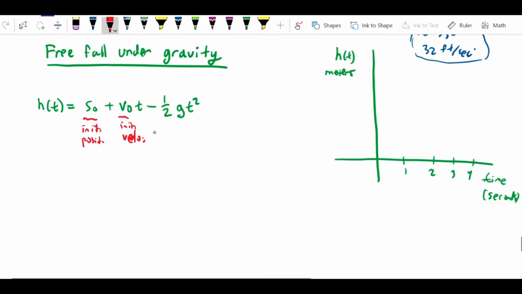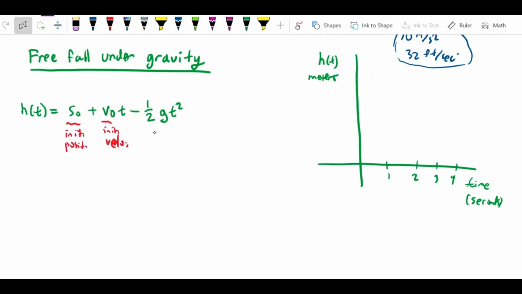And one of the things you'll notice about this is that this equation behaves exactly the way you think it should. In other words, if I want to know what is the velocity at time t, that's just going to equal the derivative. I'm calling this h, but it's really a displacement. It's just sort of like a vertical displacement, telling me how high up the object is as a function of time. So the velocity at time t is equal to the derivative of the displacement. We know that. Since s0 is a constant, its derivative is 0.